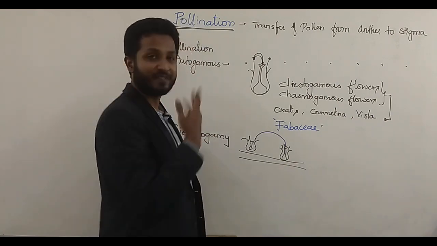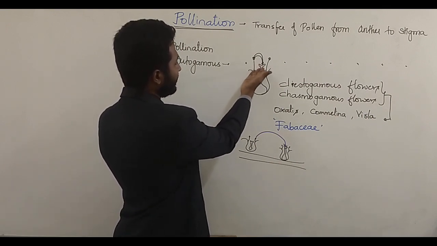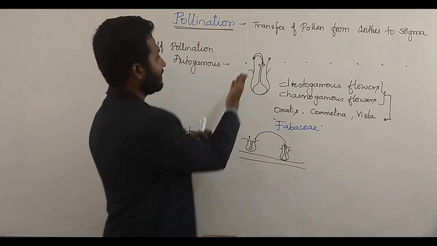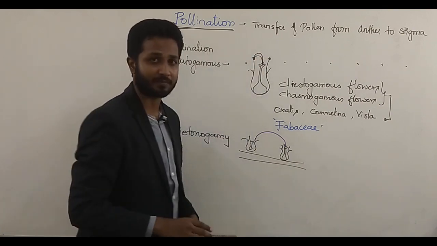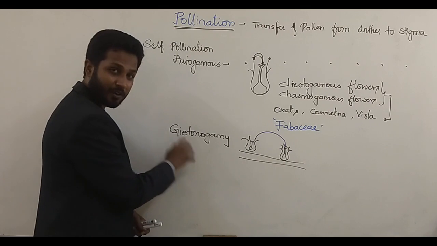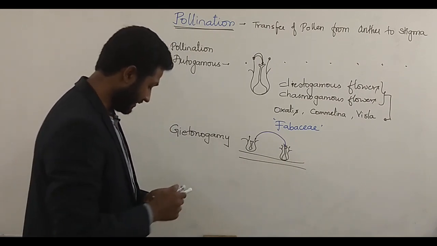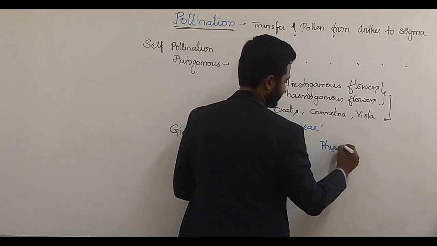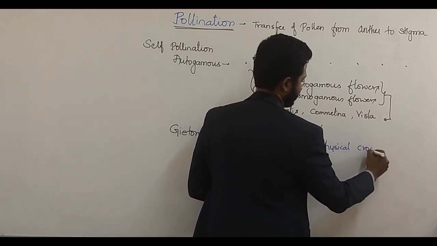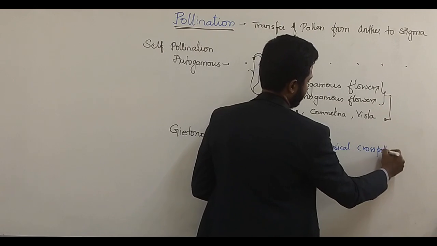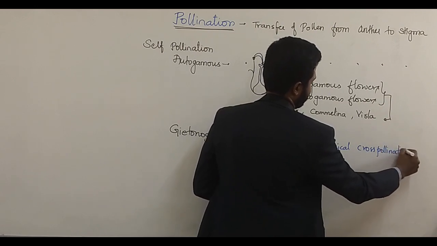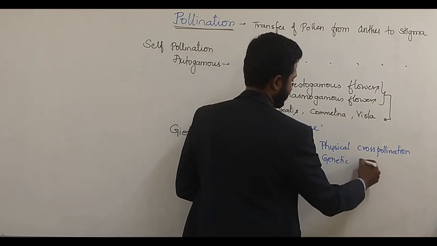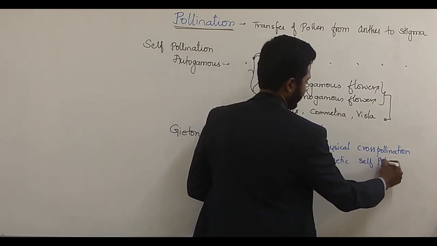Number one, physically, it is falling onto the same plant's flower, the stigma. The physiological condition is also the same, like the same pollen grain is falling onto the stigma. But when you talk about Nitonogamy, the neat point over here is physical cross-pollination and genetic self-pollination is occurring in these individuals.